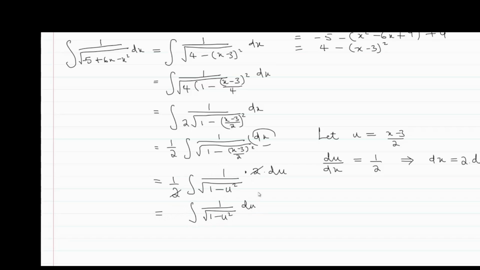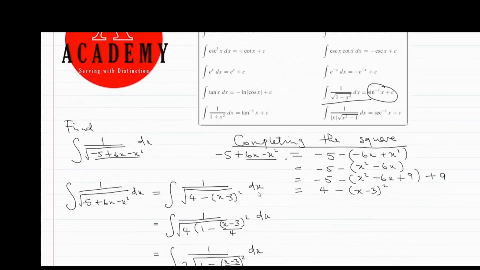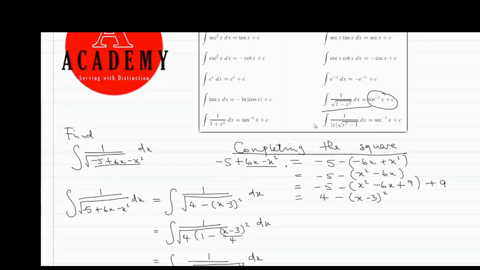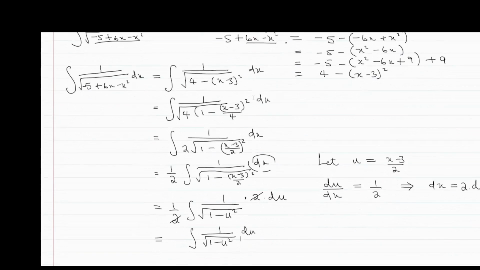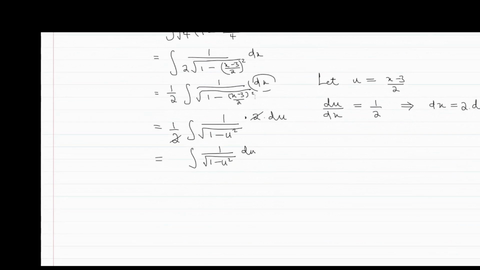So we have reached the format that we wanted. The only difference is that here we had an x, and now we have a u. So this simply translates to arc sine u plus c.